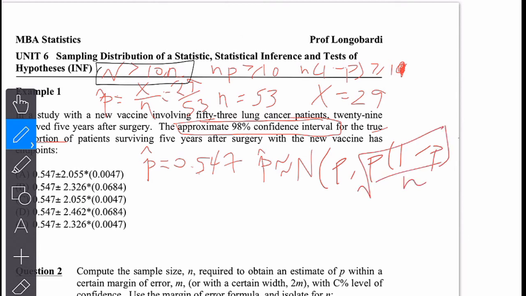If you don't know what I'm talking about, go back, do all the exercises and see the answers using this property, okay? So this is the result for proportions. So substituting this in, I'm going to go back.